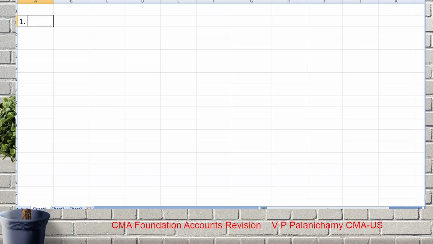This is a multiple choice question. Gross profit rupees 6 lakhs. Other incomes 60,000.